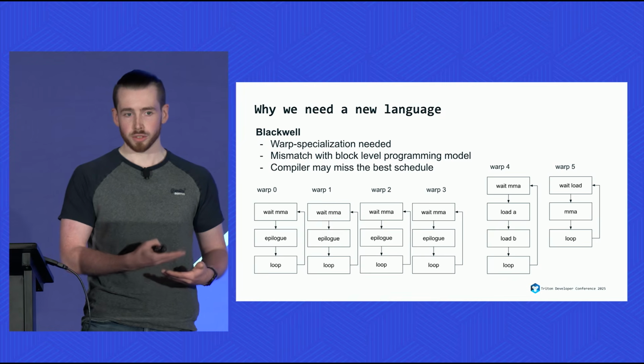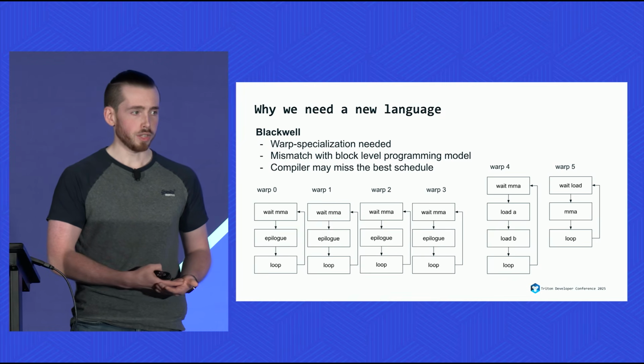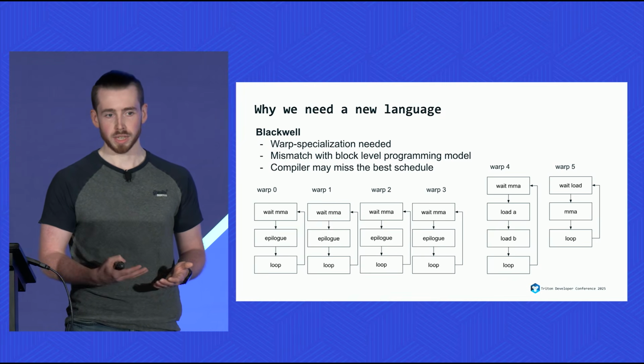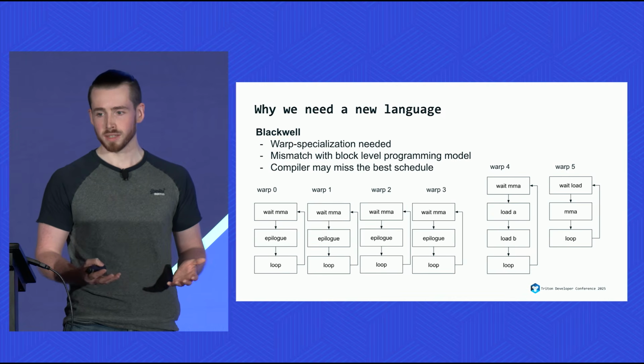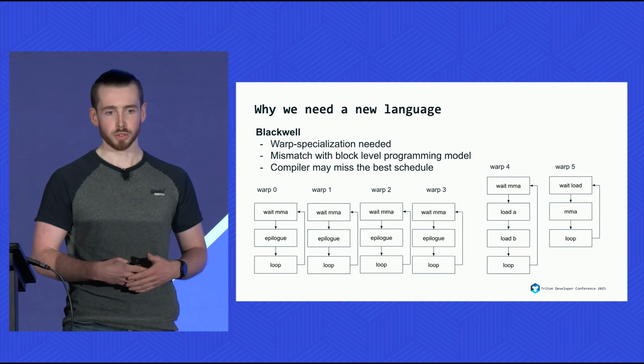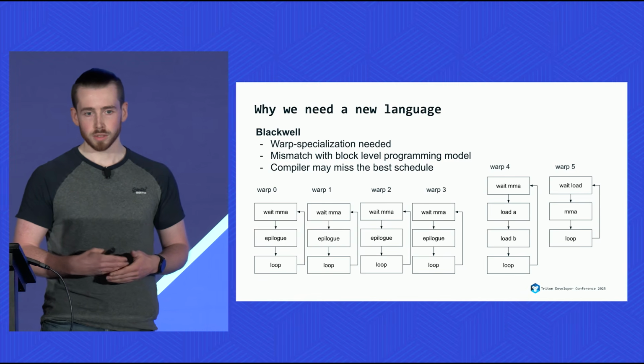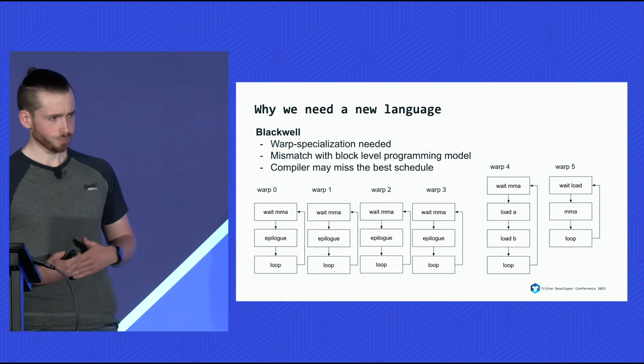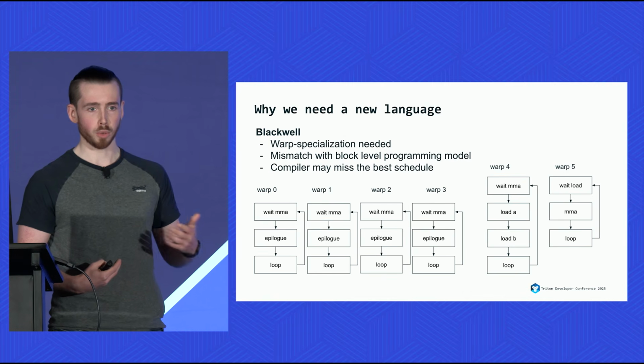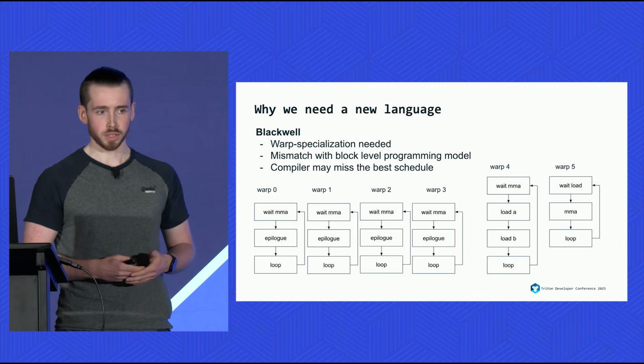But as Chris detailed, there are lots of different schedules as you get a more complicated kernel, and exploring those different schedules really changes the performance of the hardware, because you're trying to overlap as much as possible all the different operations that you have.